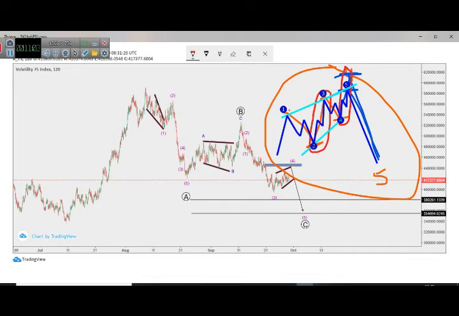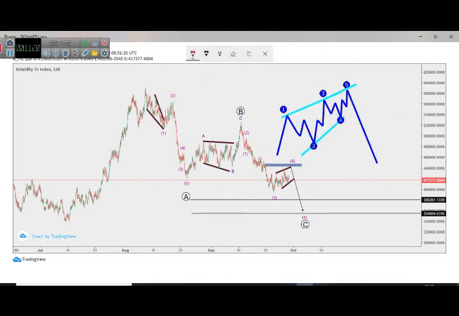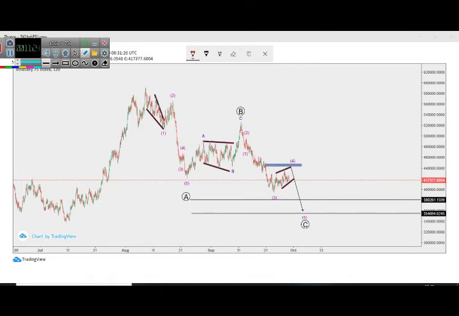So usually wave 5 here may overshoot, but the length will not be greater than wave 3 here. Okay, that was the first scenario.